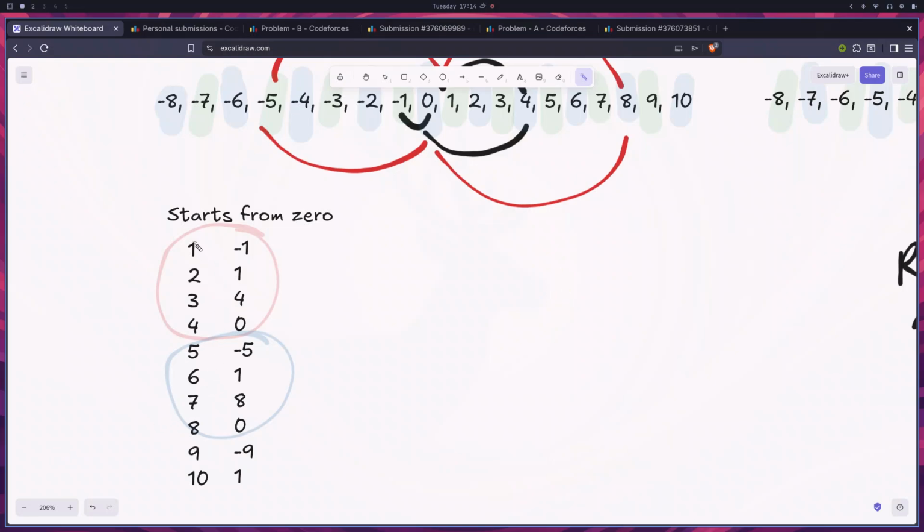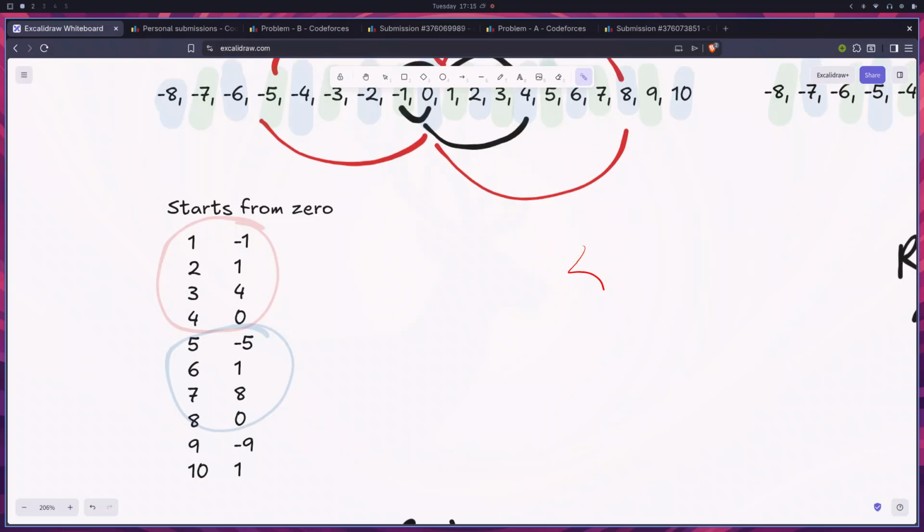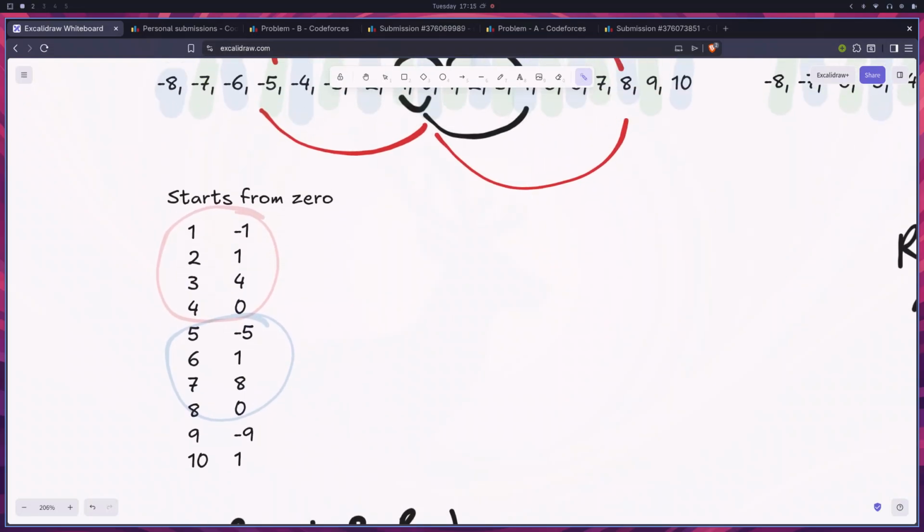And if the number of jumps mod 4 is equal to 1, it will be minus of that number. So 1 will have -1, 5 will have -5, 9 will have -9 as the final position, and then 13 will have -13.